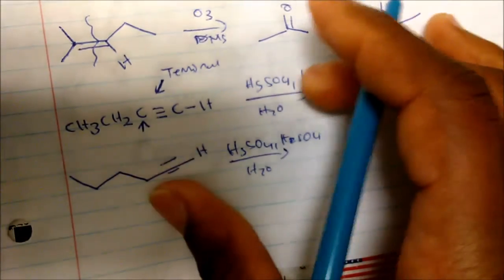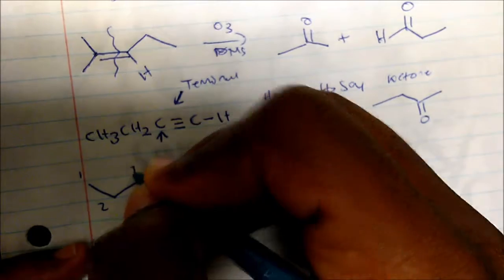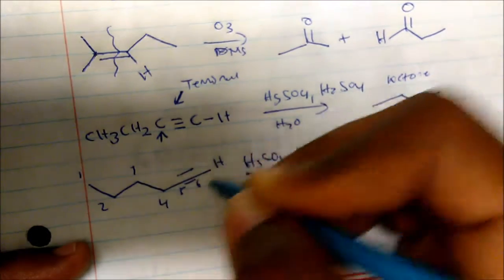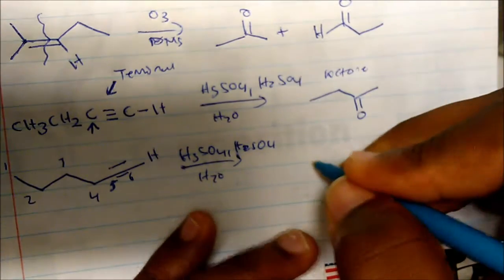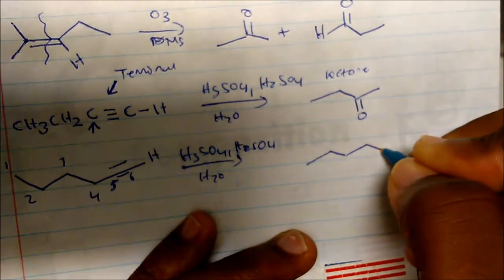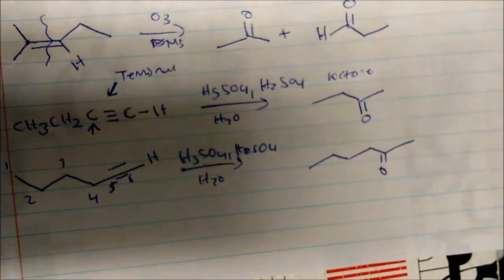What will I get? Well, I'm going to start counting carbons. It looks as if I have 1, 2, 3, 4, 5, 6. So on carbon 5, on the internal carbon, I get my ketone. So we have 6 carbons, 2, 3, 4, 5, 6, and there goes my ketone.